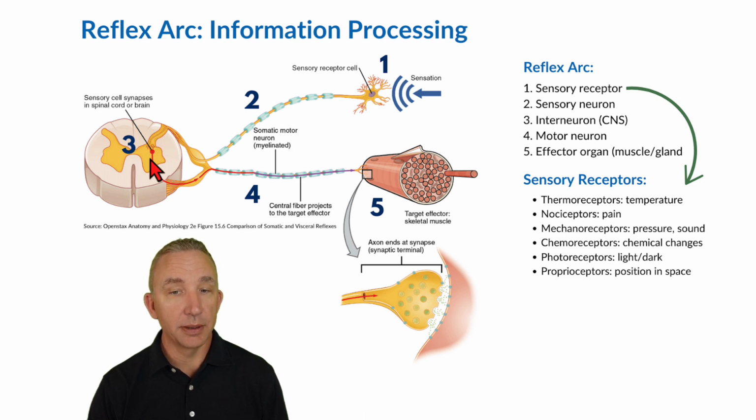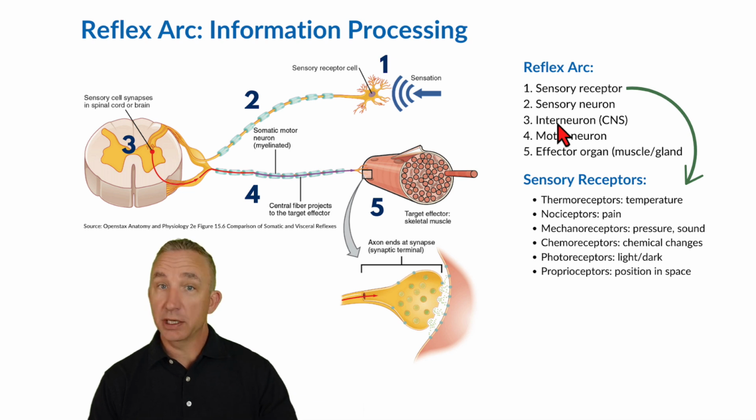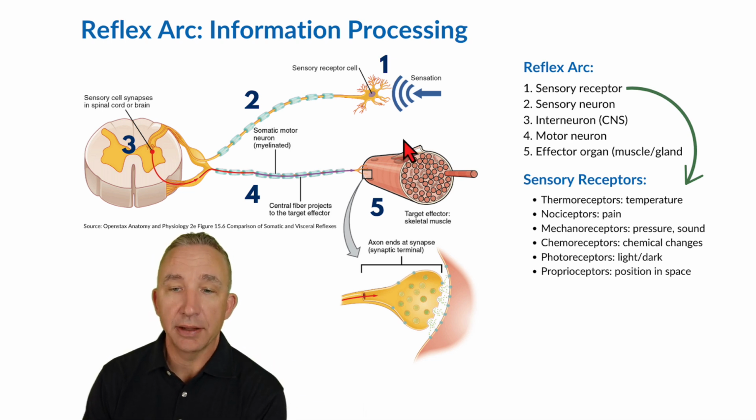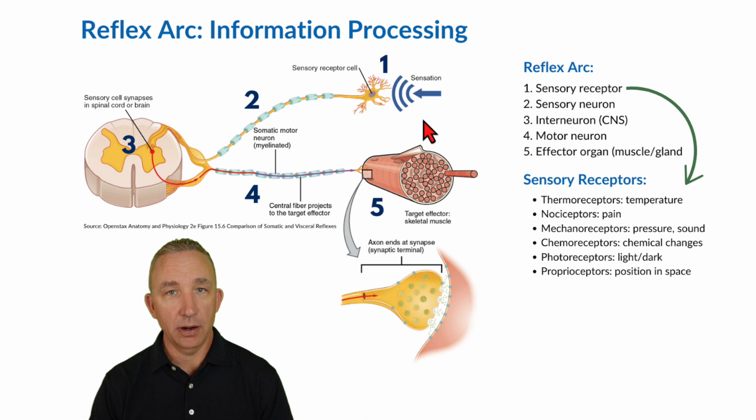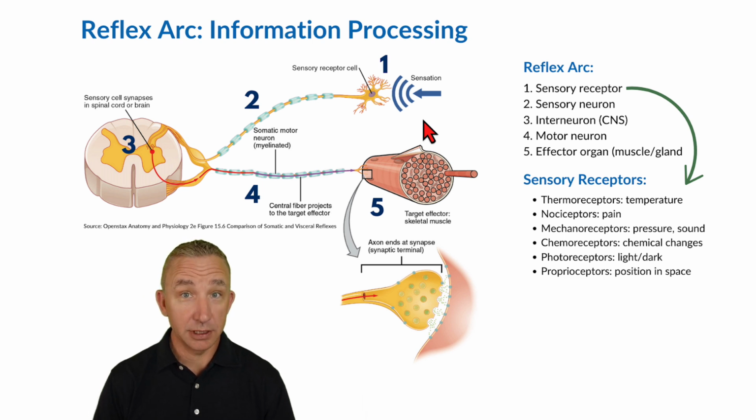I reach the middle portion here, which we call the interneuron. Remember I said we could skip that in some cases, and what we haven't talked about yet is that some arcs or reflexes can be monosynaptic, they can be polysynaptic, so there's different types.